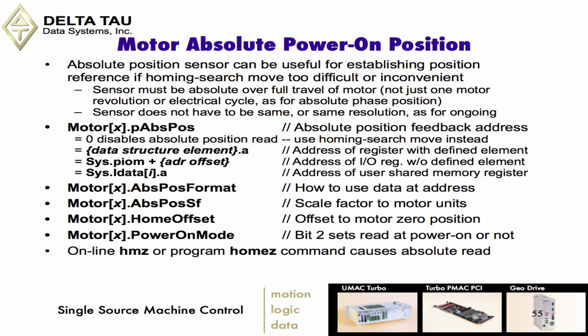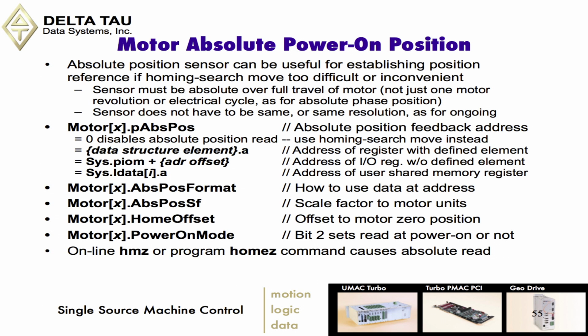So we find that with the absolute position feedback address, Motor[x].pAbsPos, if it's 0, then it disables that. By default, all of the absolute position values are set to 0. There's Motor[x].AbsPosFormat, which tells us how we're going to use the data at that address. Motor[x].AbsPosScaleFactor is how we're going to scale that data, along with any home offset to the motor's 0 position.